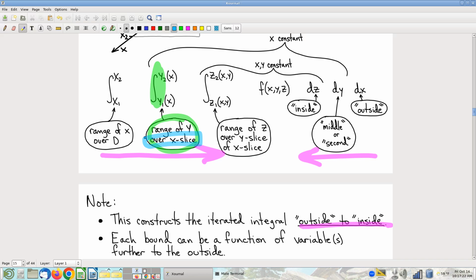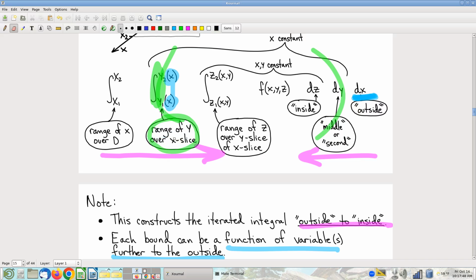That means that these bounds will be functions of X. So said differently, it's a function of the variable further to the outside. We're looking here at our dy integral, and those y bounds are functions of the x value, because the dx integral is further to the outside.